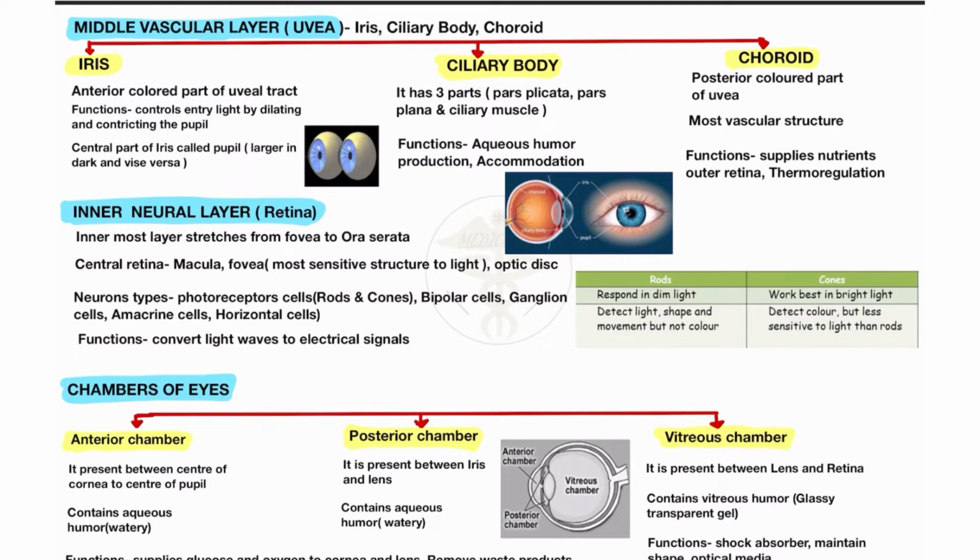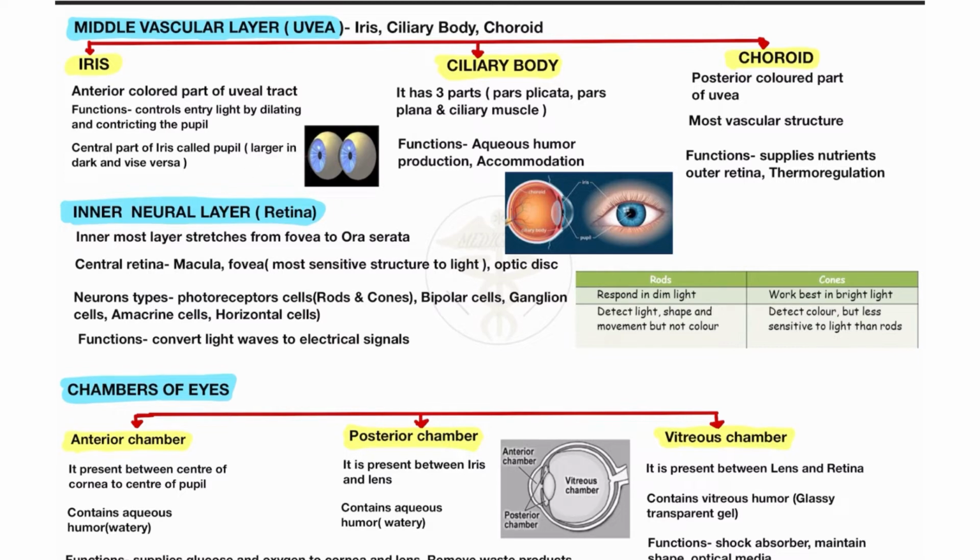It also controls the amount of light because it contains the sphincter and dilator muscles. When we go into the dark, a larger pupil size occurs, and vice versa, in the light it will shrink.